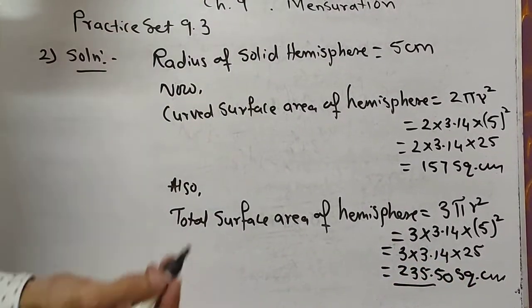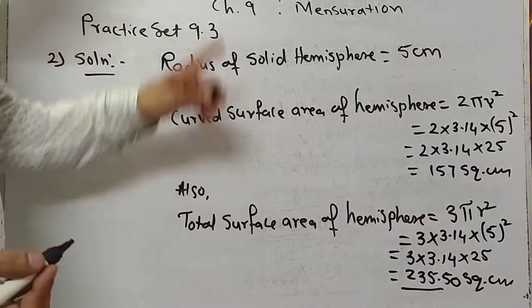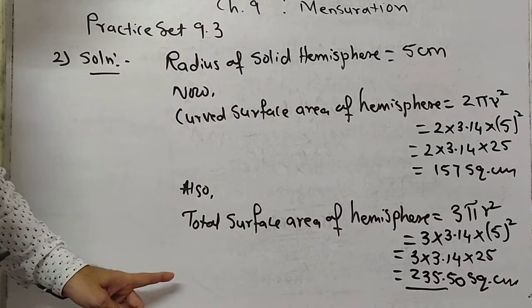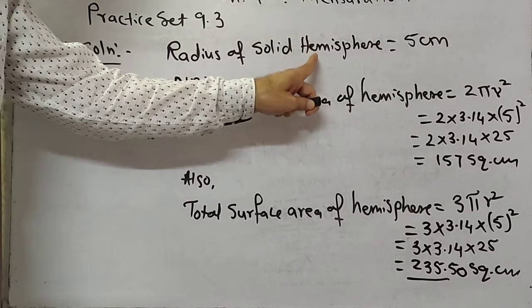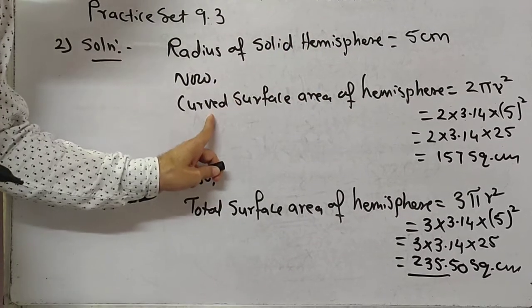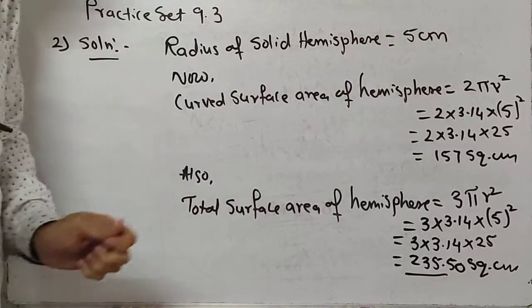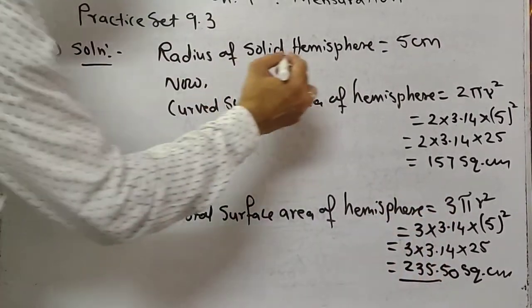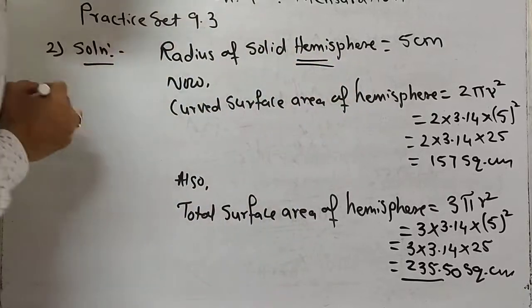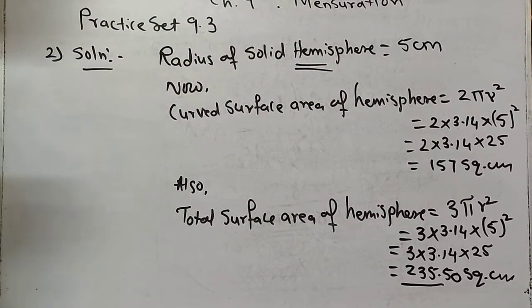Okay, it's okay if you will not write 0 as I told you. So this is the answer for second one. Okay, for hemisphere, keep in mind hemisphere के लिए you have curved surface 2 pi r square and total surface 3 pi r square for hemisphere. Keep in mind. Please copy it down.